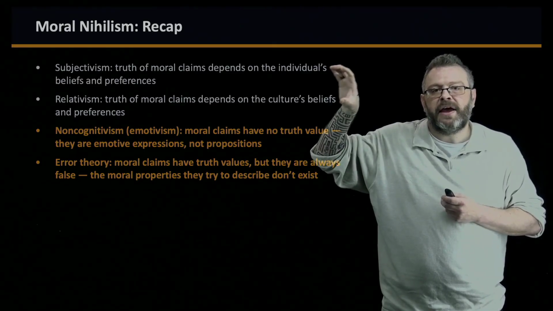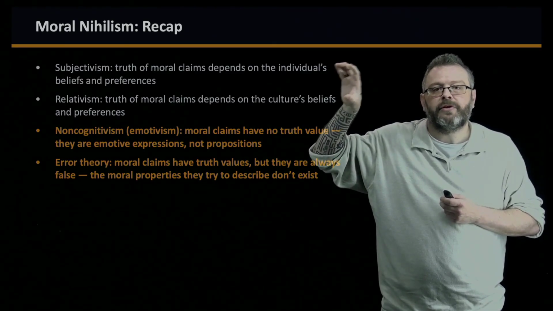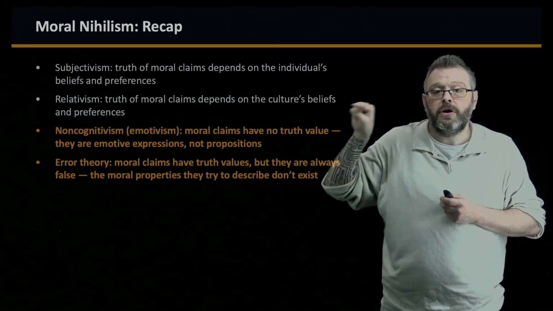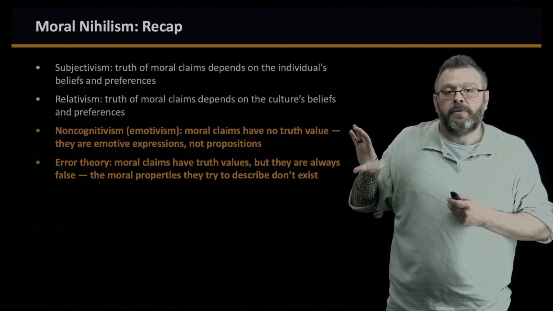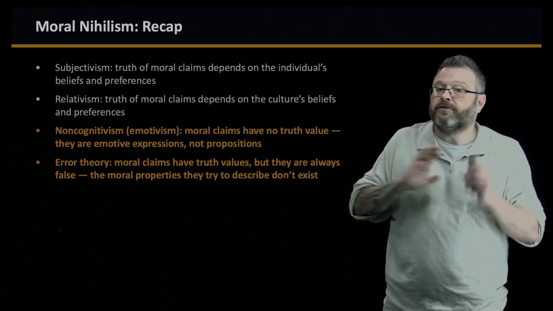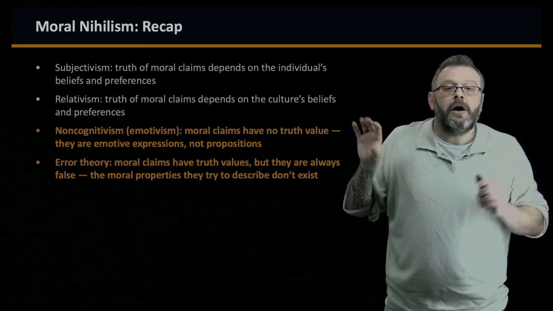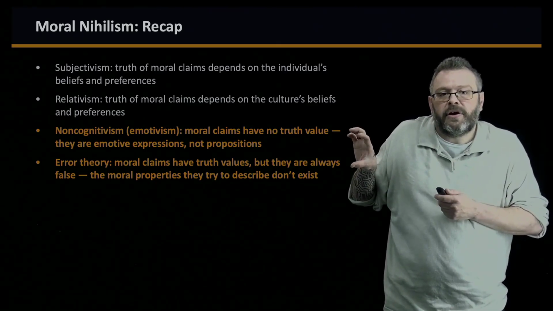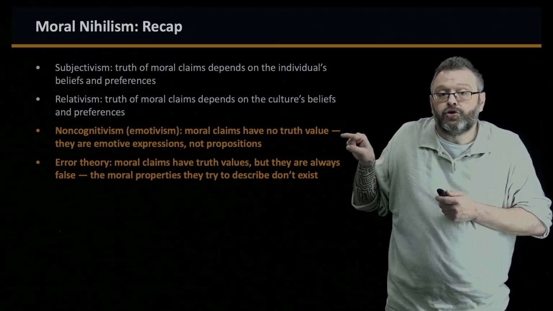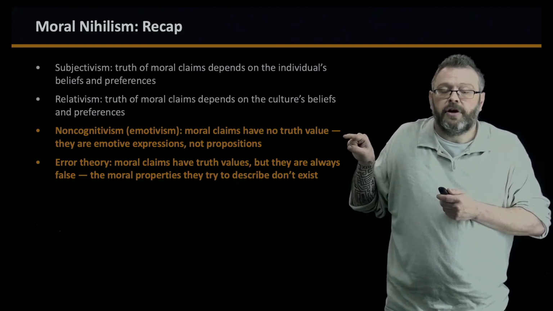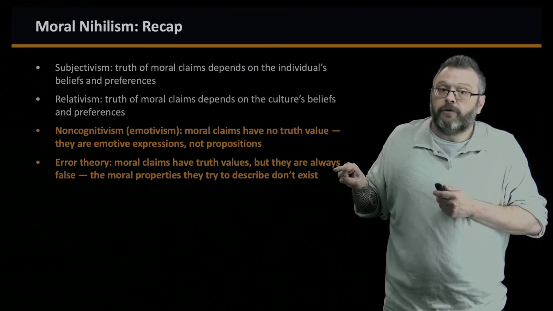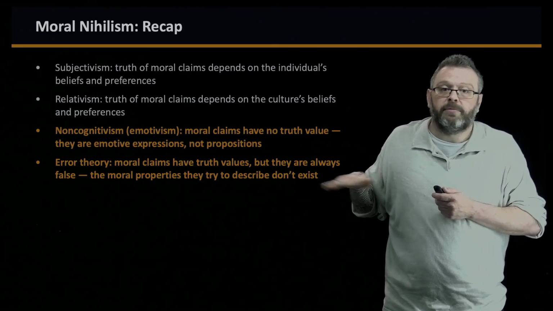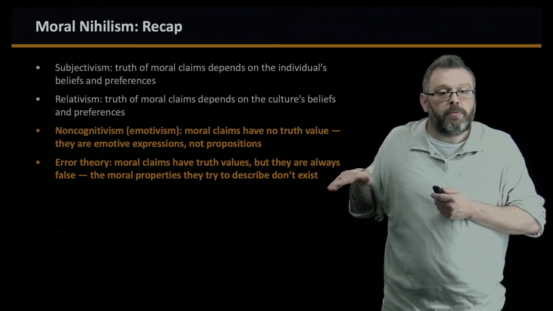Moral truths depend on what somebody thinks, what their preferences are, either an individual or a group of people. What these views have in common is they agree that moral statements are not true. They just have a slightly different story as to what's going on. These say they're not true, but they're not false either, because they're not propositions. These say they're not true, but they are false, right? They're just all false because there aren't such things as moral properties.